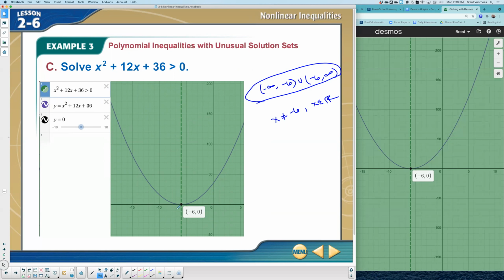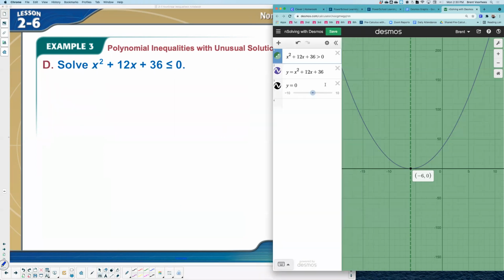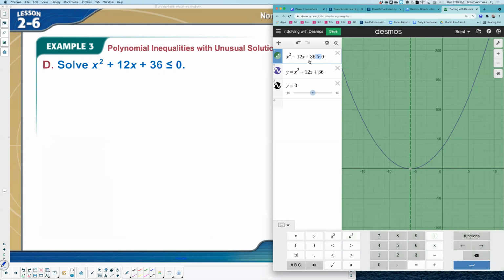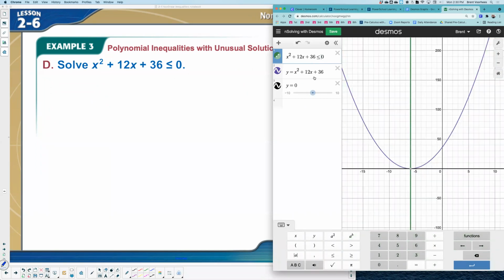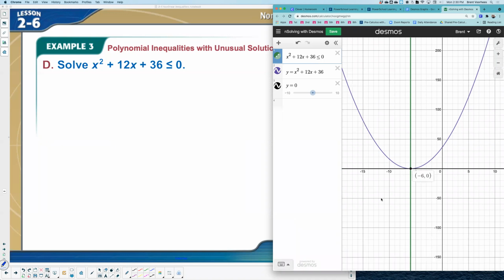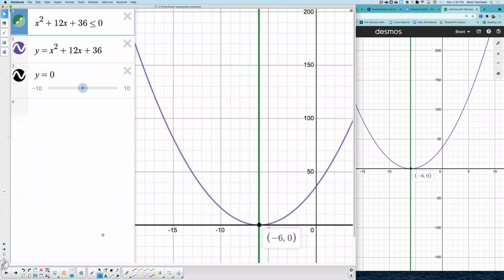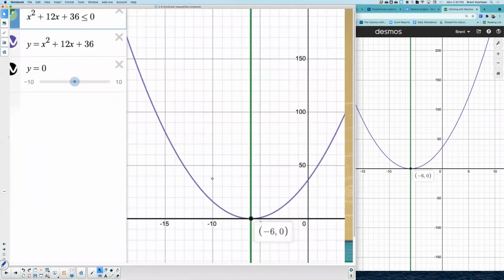And then finally, part D, there's only one little switch here. On part D, same equation, but now it's going to be less than or equal to 0. And what do you notice about this problem? So now it's almost all white except there's one solid line at -6.